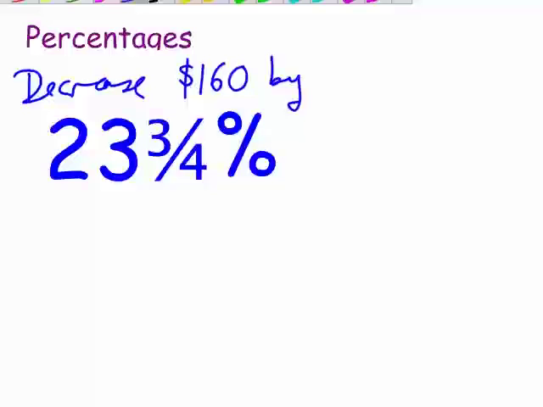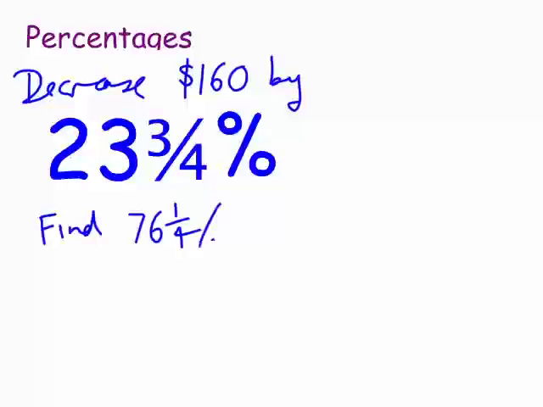So it's basically 100 minus 23.75, and if you do that on the calculator, you should get 76.25%. So really, we're going to find 76.25% of 160, because this is equivalent to finding 23.75% and then subtracting it off 160. So what we're finding is the amount which is left, which is 76.25%.